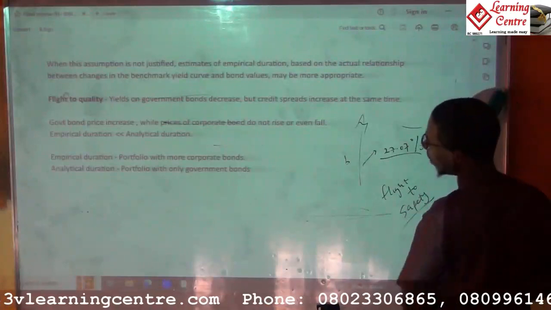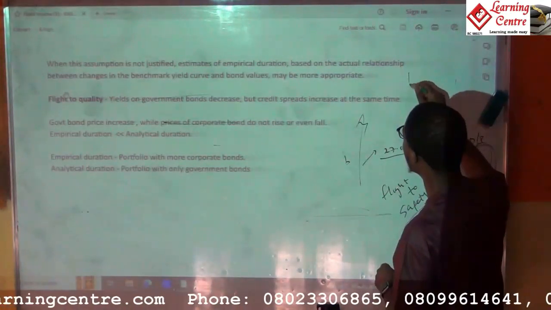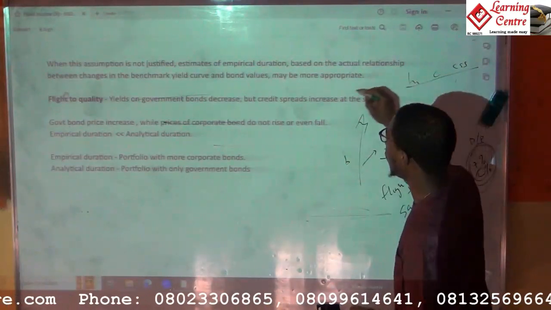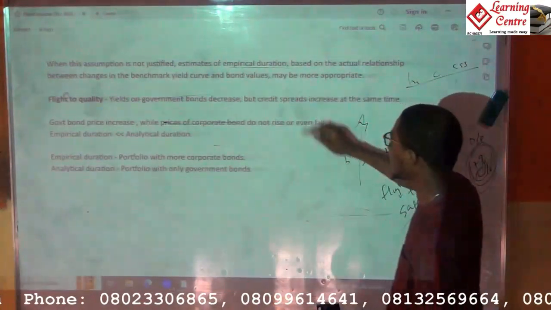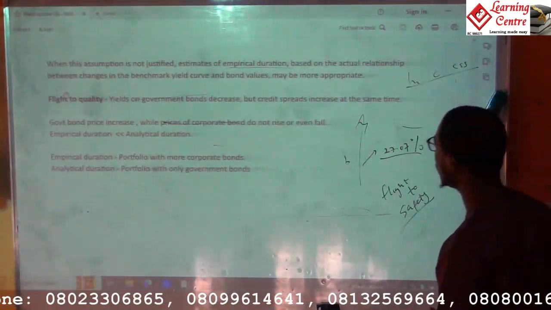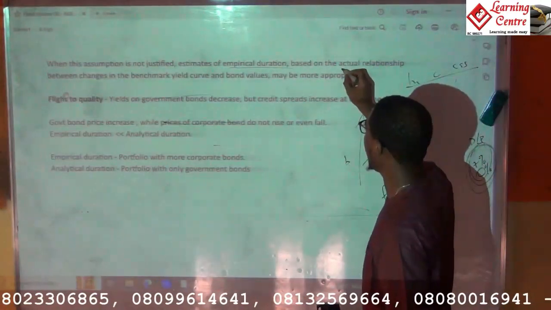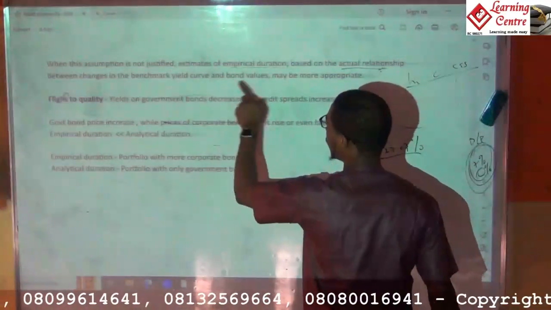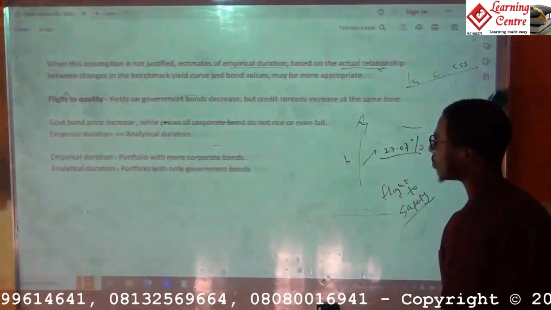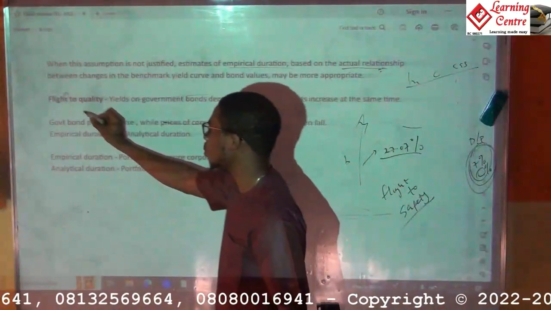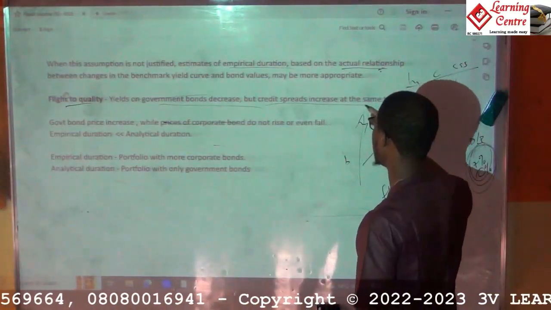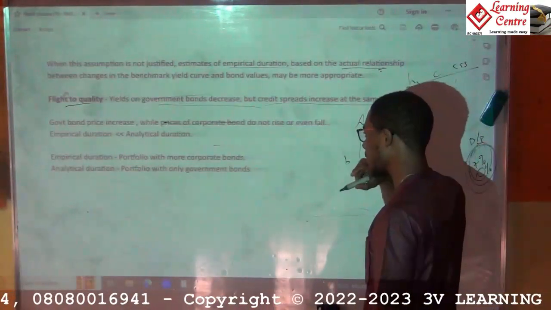When we have that kind of situation, whereby the benchmark yield is correlated with the credit spread for corporate issuers, we should use an empirical relation, which is based on the actual relationship between changes in the benchmark and bond price, not just mathematical computation. So we have to apply that to the bond.